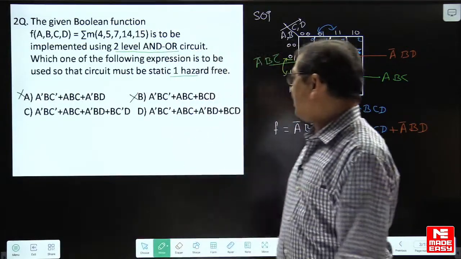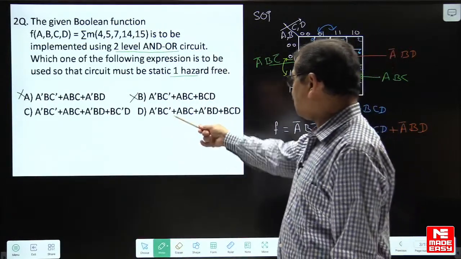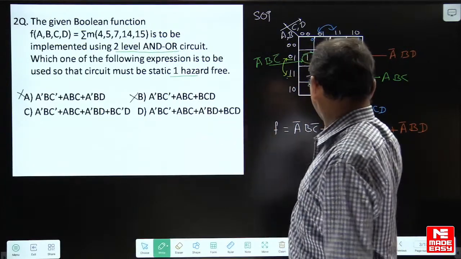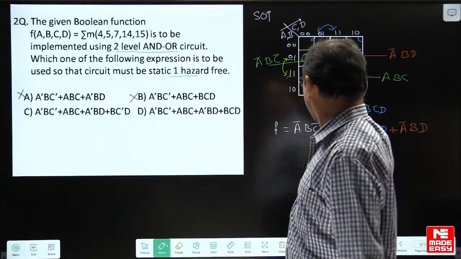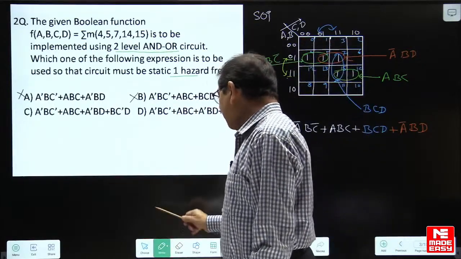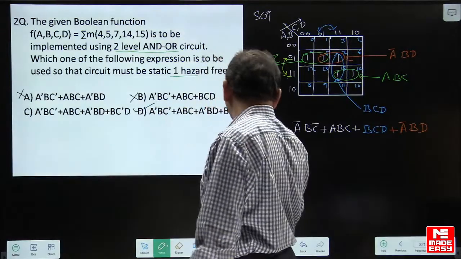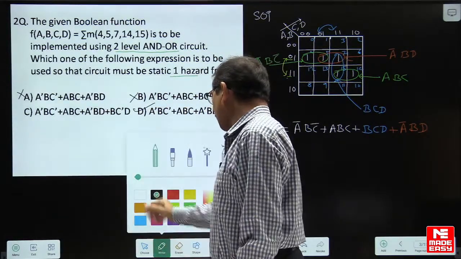So the matching answer is option D: A complement B, C complement, or with ABC, or with A complement BD, or with BCD. The right answer to this question is option D.